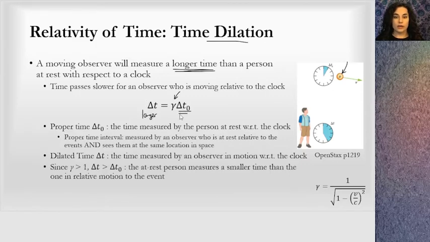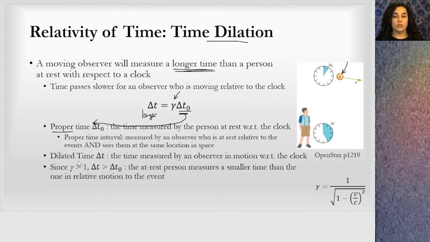Delta t naught over here, this is what we call the proper time. This is the time measured by the person or whatever at rest with respect to the clock. So a pion is at rest with itself. It measures its proper lifetime. The person watching it is moving relative to that pion. The person watching it will not observe the accurate, proper value of that muon's lifetime.